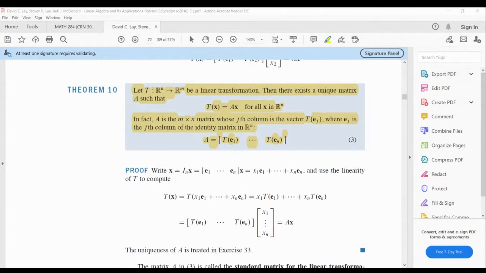All we really need to do is study how the unit vectors E1 and E2 get transformed, and based off of that, we can construct the matrix A. The knowledge of the transformation of E1 and E2, those two unit vectors, is sufficient to determine your transformation. That's what this theorem states.